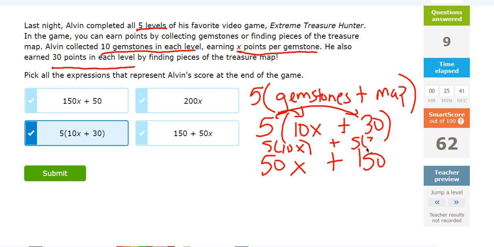That's not this one, it's actually this one, so there's the second answer. It's the commutative property, rewritten in a different order. You can't combine 50x plus 150, which means you have your 2 answers in those 2.